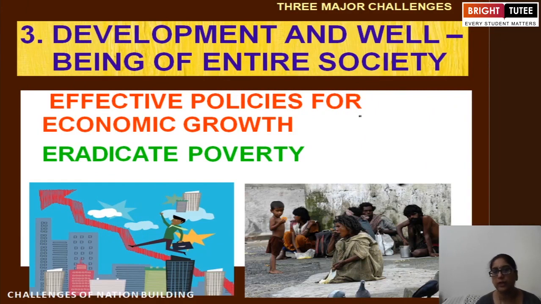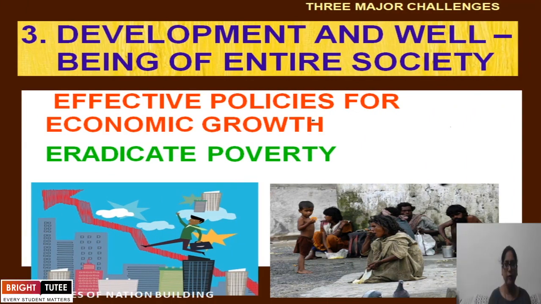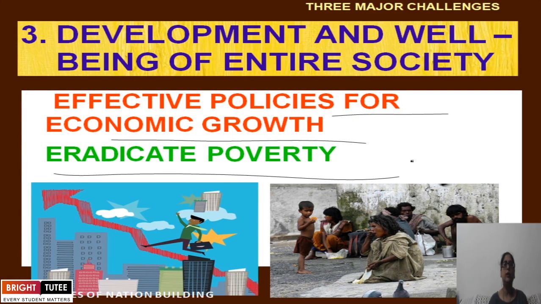The third one: the development and well-being of the entire society, effective policy for economic growth, eradicating poverty. Development and well-being of the entire society means effective policy for economic growth and eradicating poverty. Do you think it is possible in a country like India?